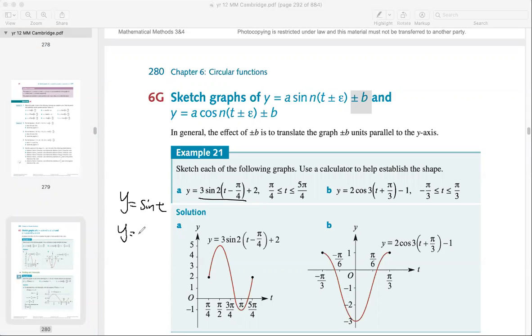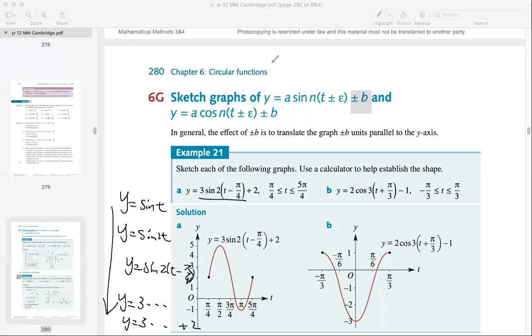Then we draw sine 2t. Then we have sine of 2t minus pi on 4. Then you multiply by 3. Then finally, multiply by 3 and add 2. Let's make it 5 steps. Then we can get the idea.